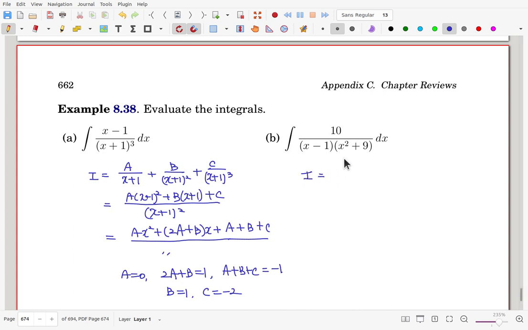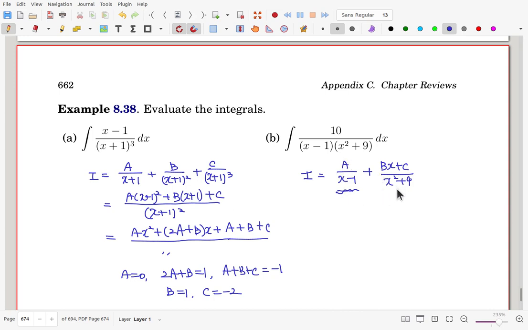The integrand is A over x minus 1. For the linear term, your numerator must be a constant. For the quadratic term, it must be linear, so Bx plus C over x squared plus 9. In exactly the same way, you combine them with the common denominator and decide A, B, C. Once they are decided, for that one you will get the logarithm of x minus 1 with that coefficient.